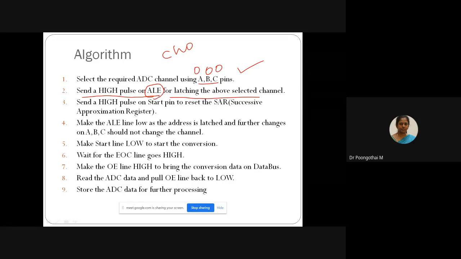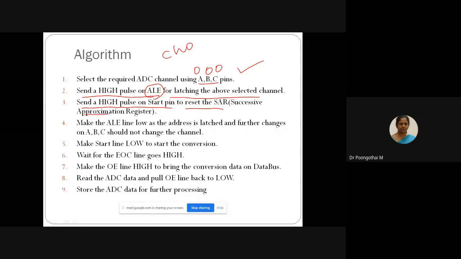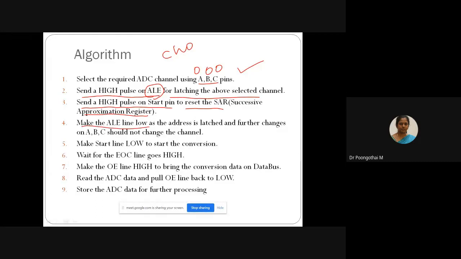After that, send a high pulse to the start pin to reset the SAR inside your ADC IC. Again, make the ALE line low and make the start line low. So first make ALE high, start pin high, then ALE low and start line low, and wait for the end of conversion line to go high.